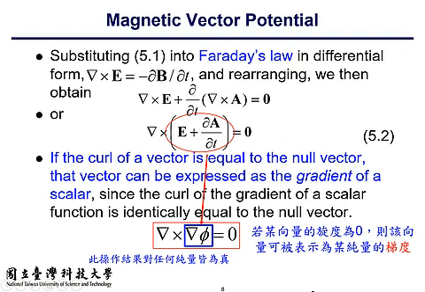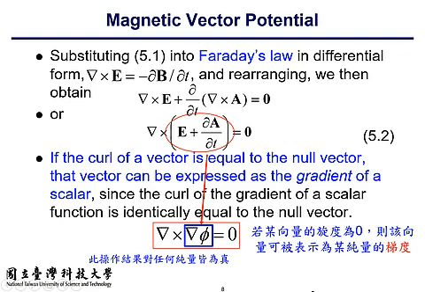Correct? This is the equation we have here. Then we collect the two terms into one term. That is the curl of (E plus del A over del t) equals 0.